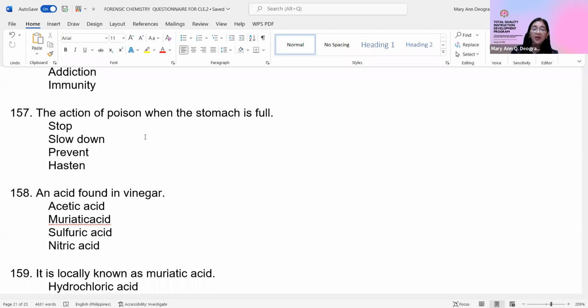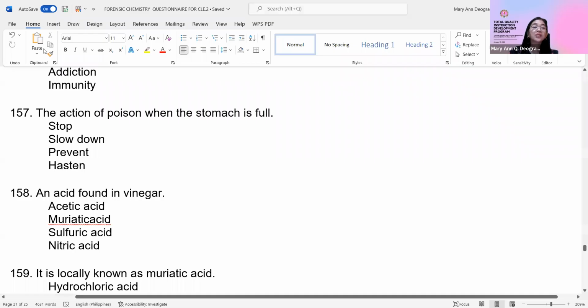Will it slow down? Will it prevent or will it hasten? What's the answer? It will? Gutom. Okay, mas madaling maapektuhin yung gutom. So, kung full ang stomach, this will slow down. No? So, this will slow down the effect of the poison.